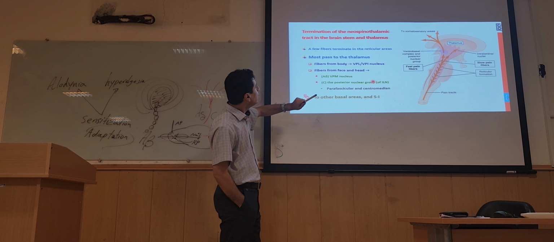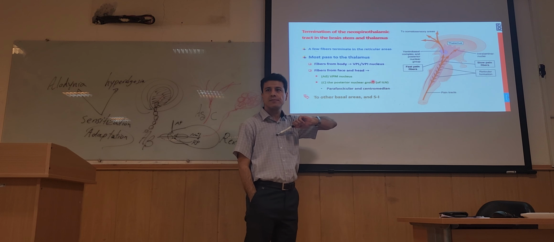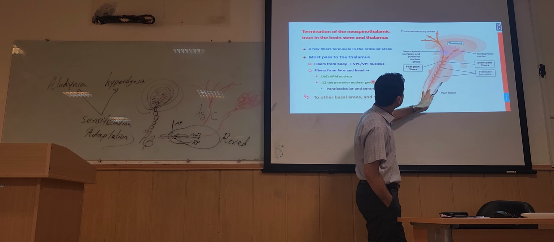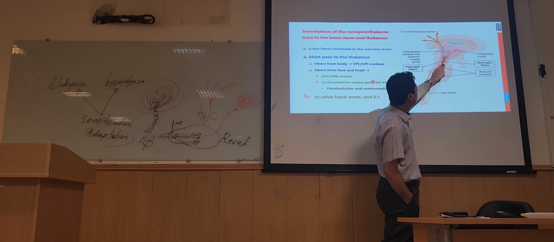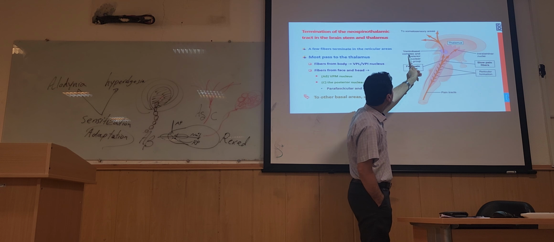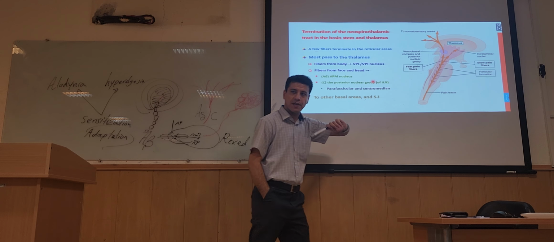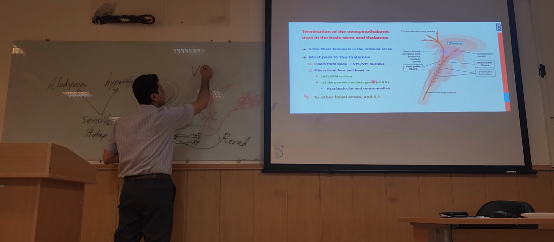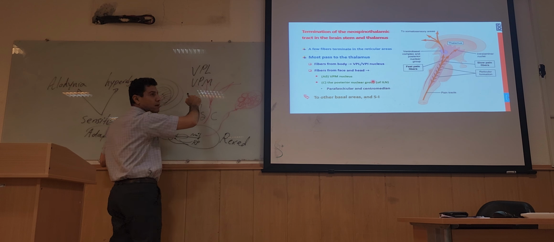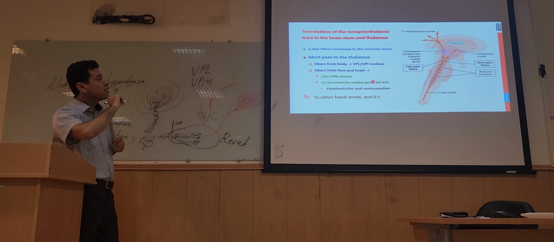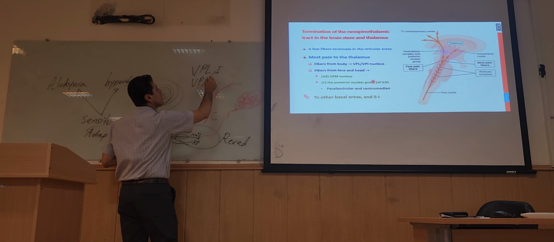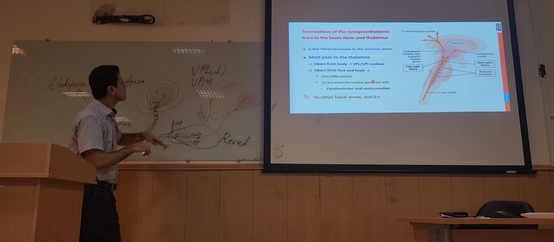The neospinothalamic tract mainly goes to the thalamus. You can see the second order neuron from here. It passes the brainstem, reaches the thalamus, and the ventrobasal complex of the thalamus. The ventrobasal complex has 2 parts, VPL and VPM.